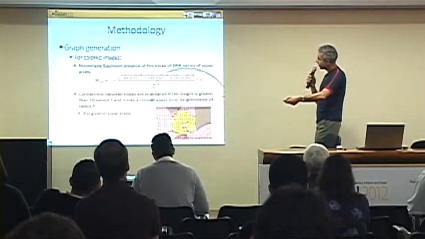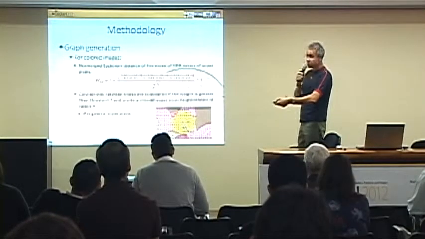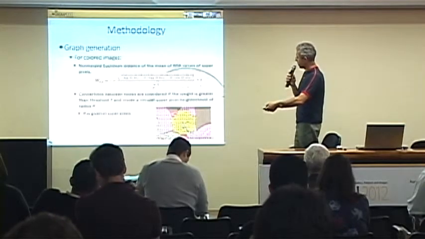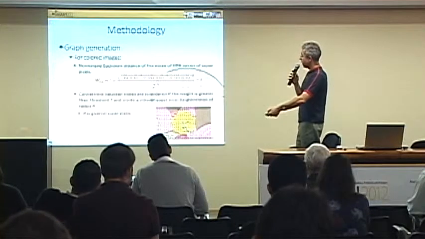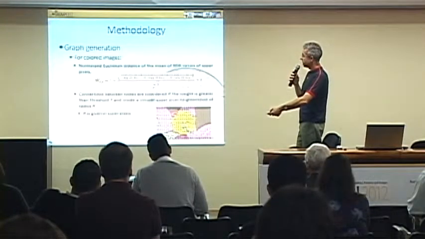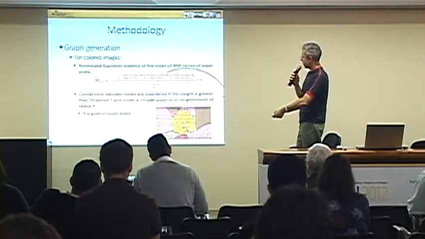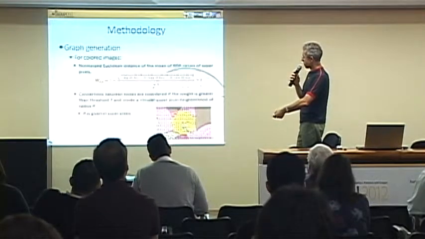Just one thing about the parameters used in the graph generation step. Apart from the threshold, we have to provide a radius r, which, as I explained, is the range.